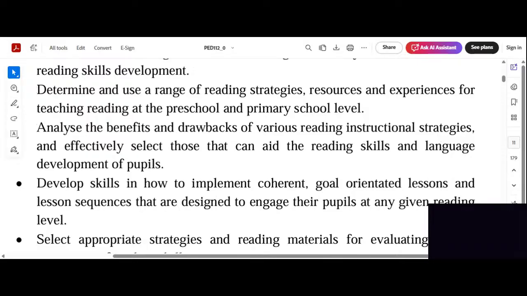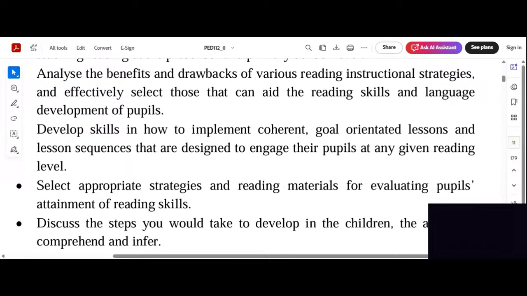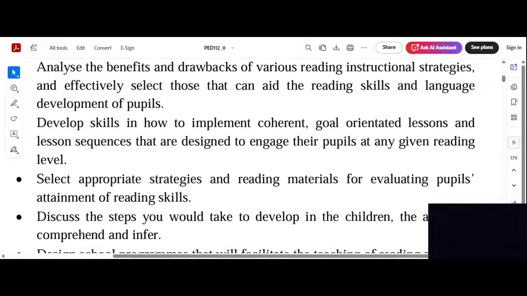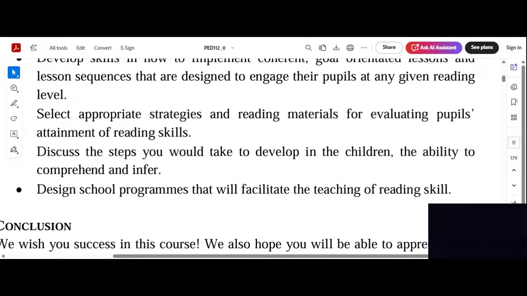And of course, you also learn how to develop skills and how to implement coherent, goal-oriented lessons and lesson sequences that are designed to engage pupils at any given reading level. You will learn how to select appropriate strategies and reading materials for evaluating pupils' attainment of reading skills. That is how to assess them.